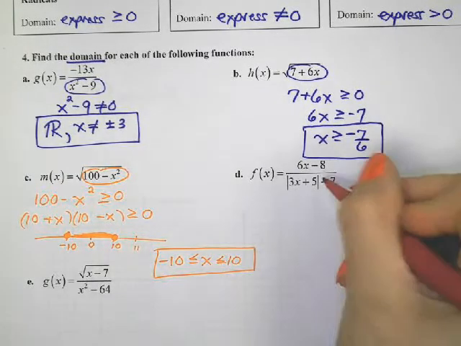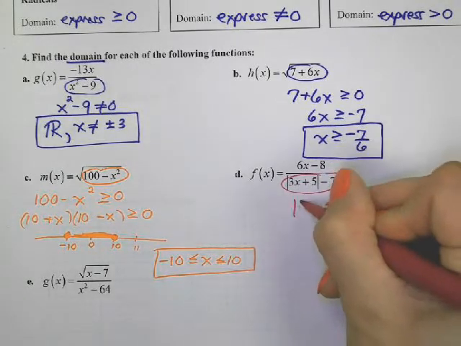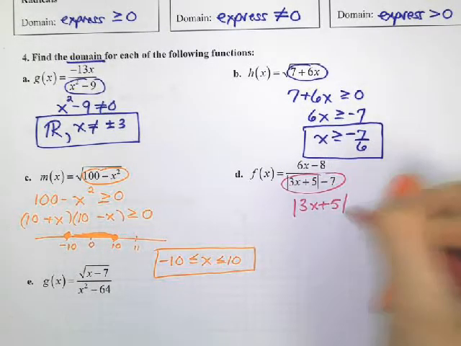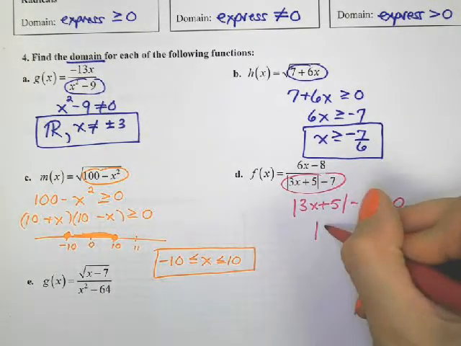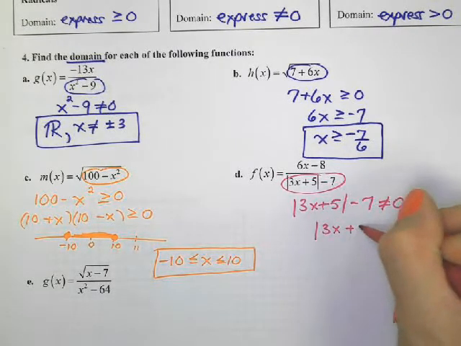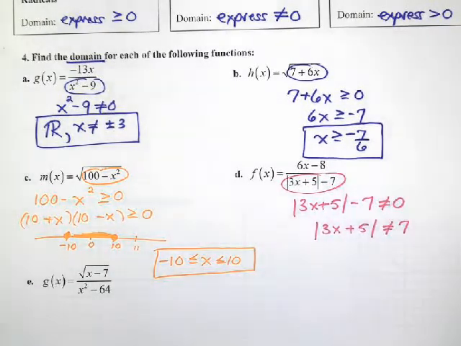Okay, letter D has a denominator. The absolute value of 3x plus 5, minus 7, cannot equal 0. Let's see, we'll add 7. But I still have these absolute value signs in the way. How do you get rid of absolute value signs? You make 2 equations.